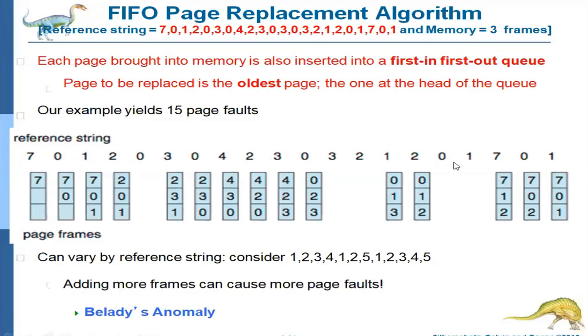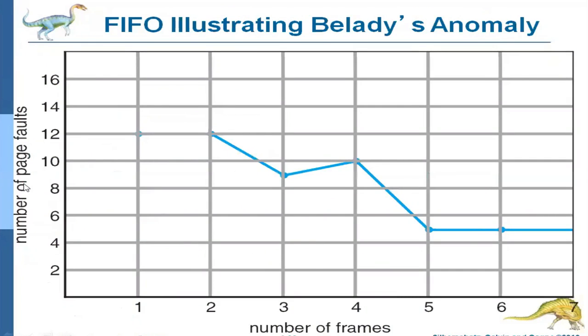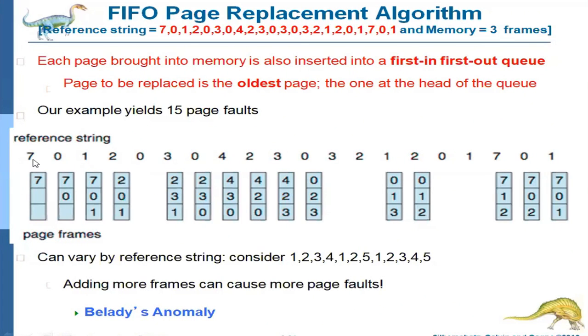Considering this reference string, initially memory is free. That means at initialization RAM is free, right? So the memory can be divided into 3 frames. That means at the first location 3 memory frames are there.